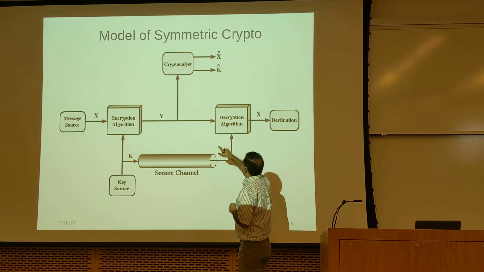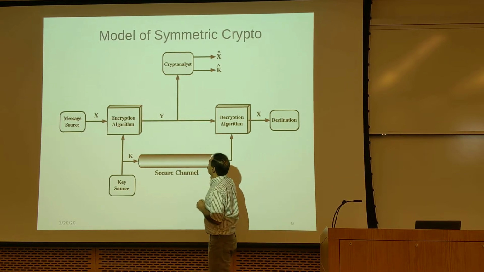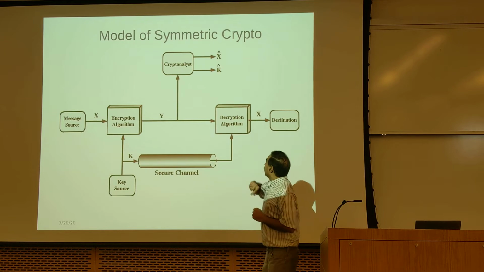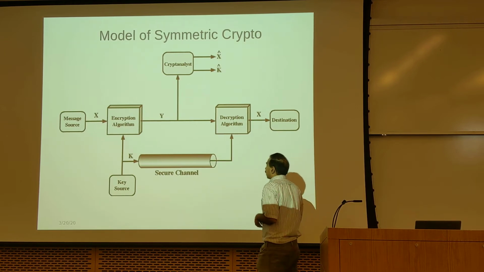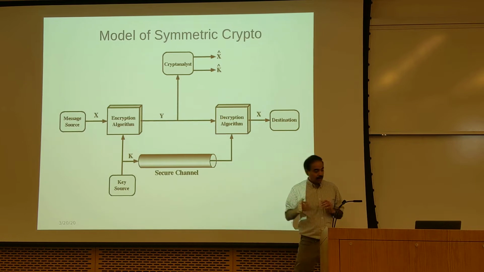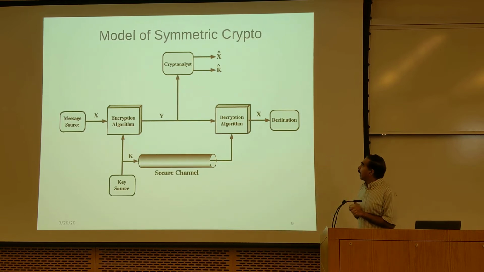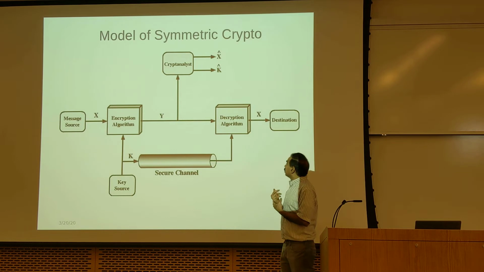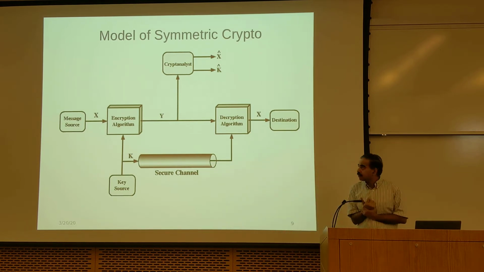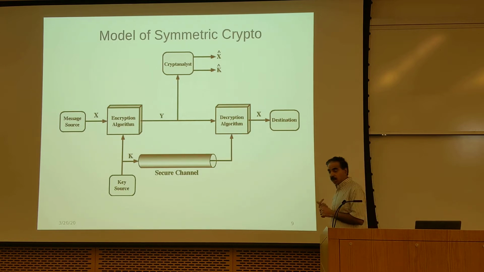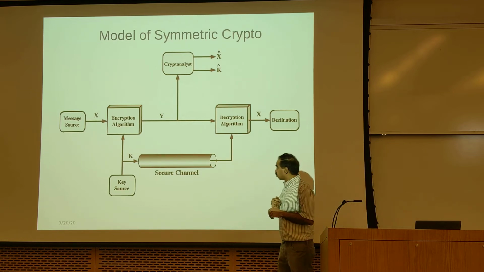From the attacker's perspective, the attacker has access to the channel, and so the attacker can look at the ciphertext and maybe some other information like what we discussed before, and then be able to either figure out what the plain text was, or maybe do even better and identify what the key is that's being used.